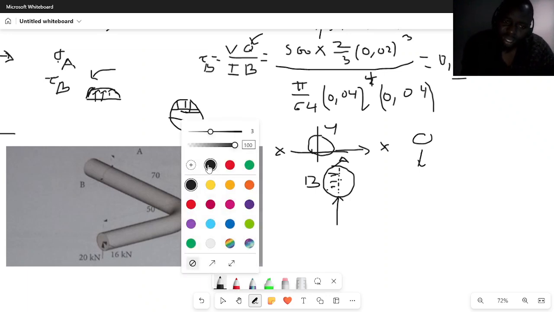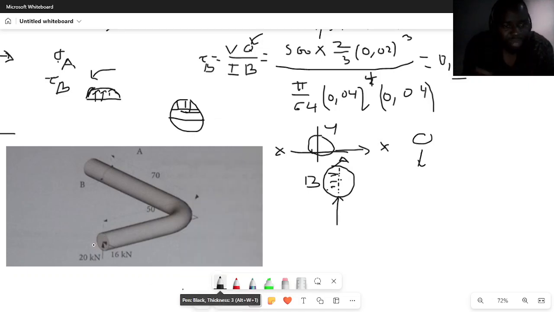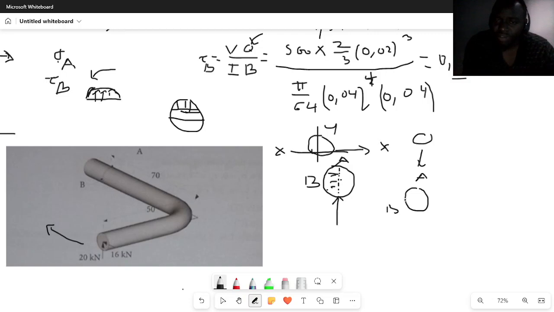If you remember, when we solved this question, we said that 16 will cause a bending along B, because 16 is pushing this thing going like this, so it's bending it along B. So in this case, only B will feel. If I represent it like this, this is A, this is B, I can say that 16 is causing an effect at B.